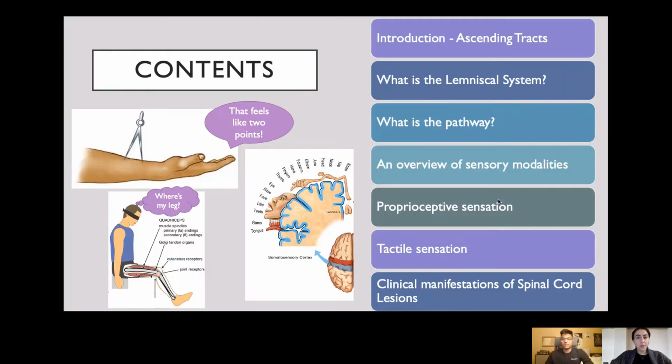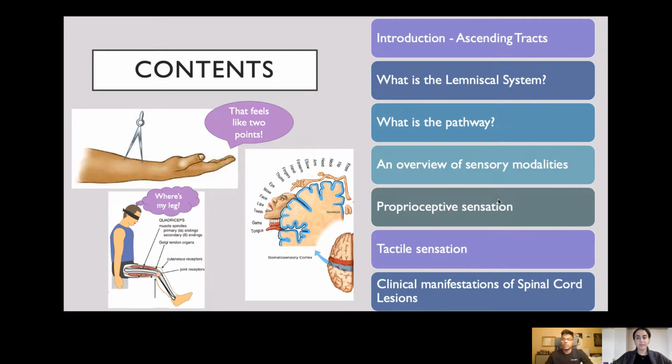So first of all, we will go through an introduction about the ascending tracts, and in the rest of the video we will focus on one of them, the lemniscal system. We're going to describe its pathway from the peripheral receptors all the way to the brain. We'll also have an overview of the different sensory modalities that are transmitted by these tracts, and specifically about the proprioceptive and tactile information.